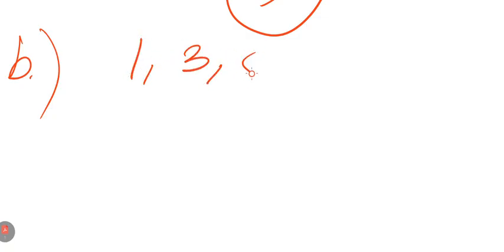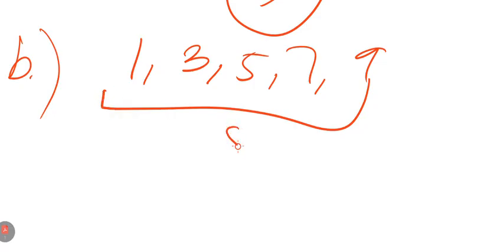So the total outcomes, to find the two-digit numbers, we're going to choose two distinct digits. We have listed here the numbers 1, 3, 5, 7, and 9.